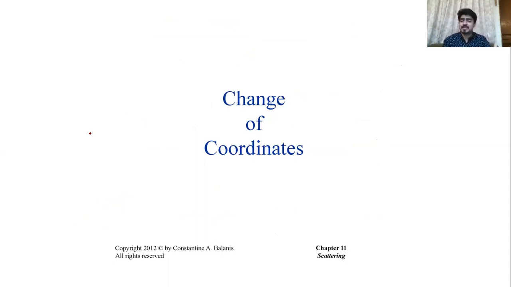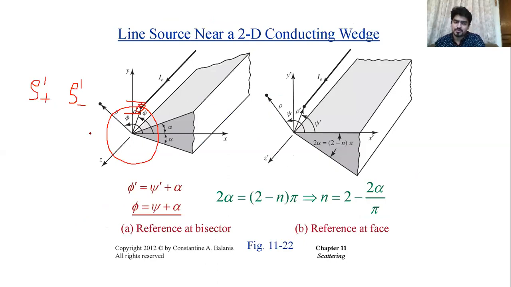Now, at the beginning, when we started this topic of the wedge, we saw two geometries. These are the two geometries. Whatever expressions we have derived until now are for this geometry. What we can do is transform this to this geometry by using this transformation.